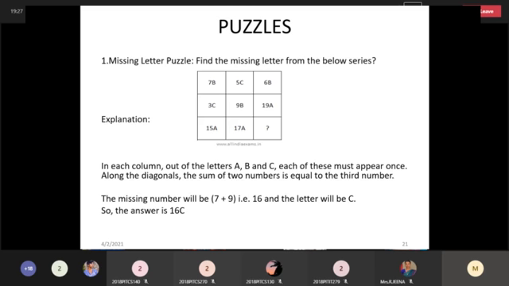Along the diagonals, rows and columns, we have to find the sum of two numbers that will be equal to the third number. We have to find the missing number as well as the missing letter in that column. So like this, they will ask you important questions in the puzzles.